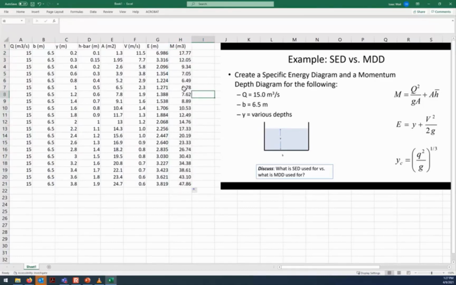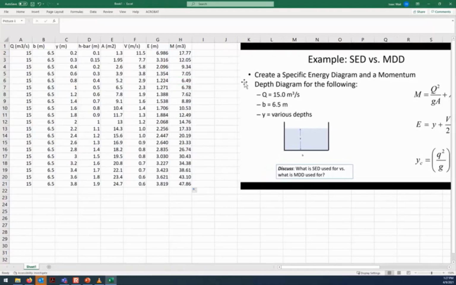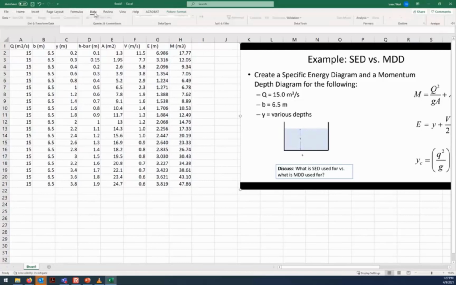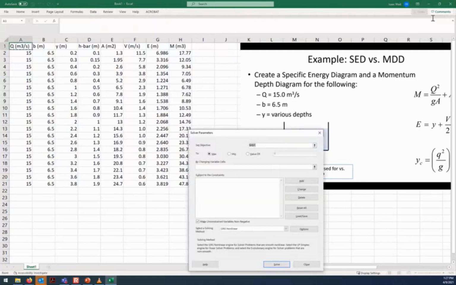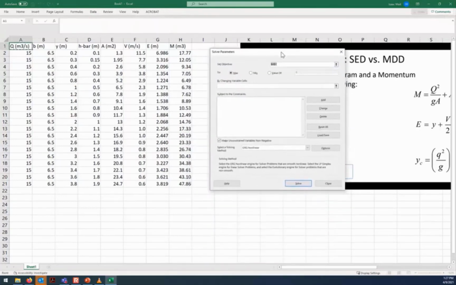And again, the minimum point is associated with the critical depth. So first things first, let me find the critical depth with Solver. In the ribbon across the top, I'll go to the Data tab and activate Solver, because I'll use this row 6 where it's already close to the lowest.